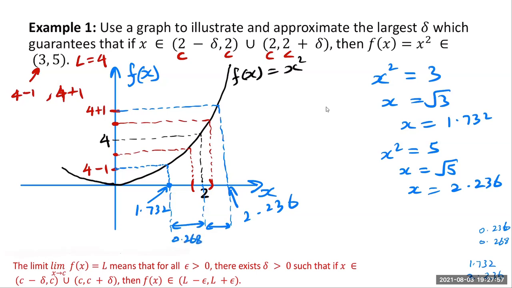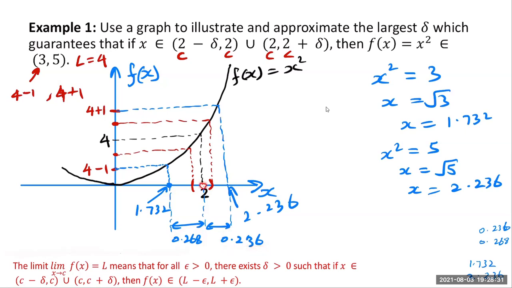The other length will be 0.236. This length is 0.268. This length is 0.236. Now you should be able to tell me the largest delta that you can pick. The largest delta that you can pick is the smallest of these two numbers. The smallest of these two numbers is 0.236.